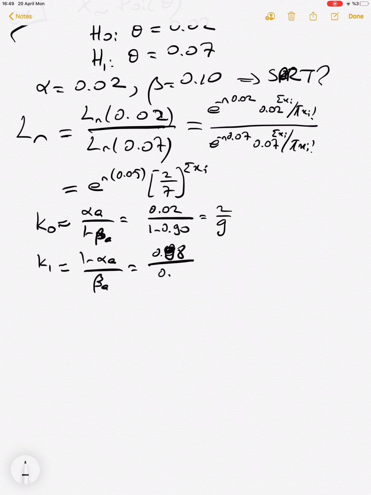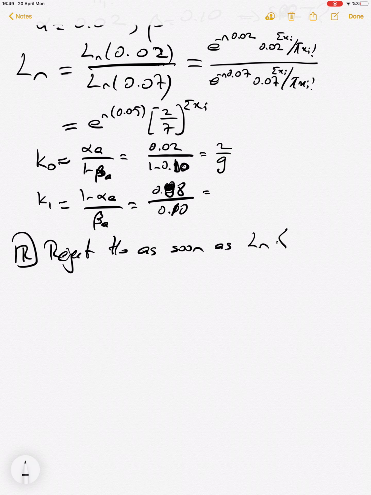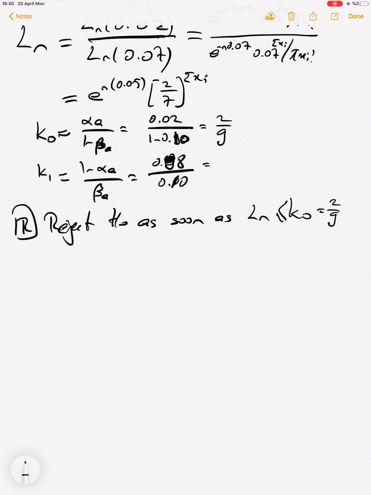So we find this. Then the rejection region: reject H0 as soon as L sub n is less than or equal to k sub 0. We already calculated that as 2 over 9. Then again take the ln of both sides.